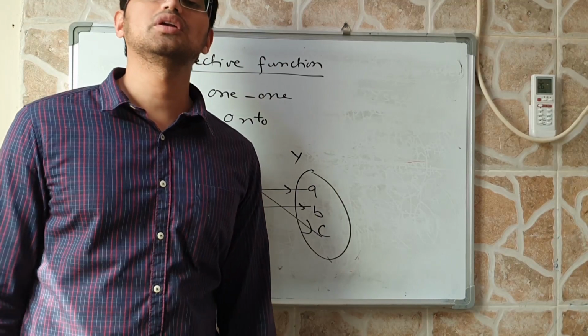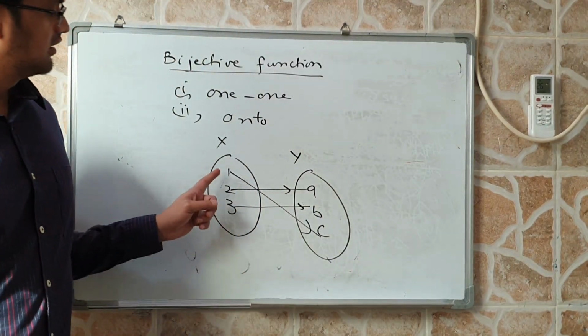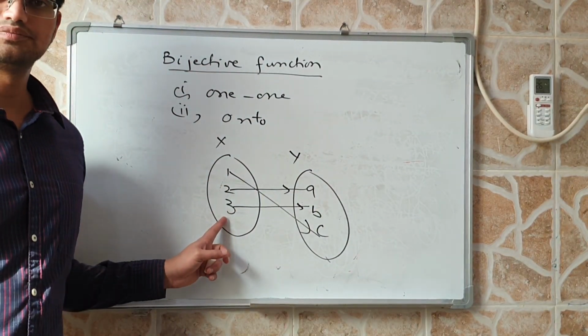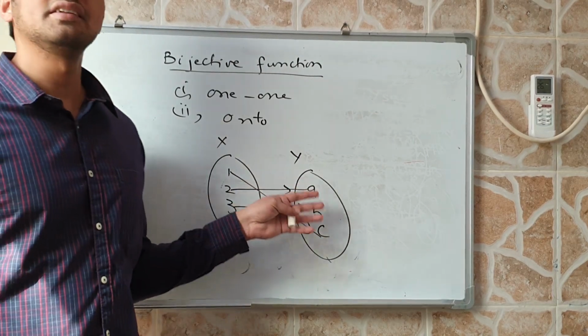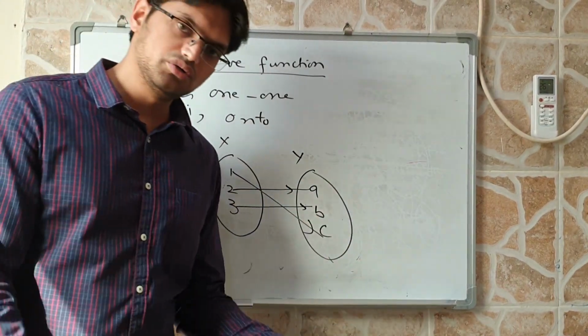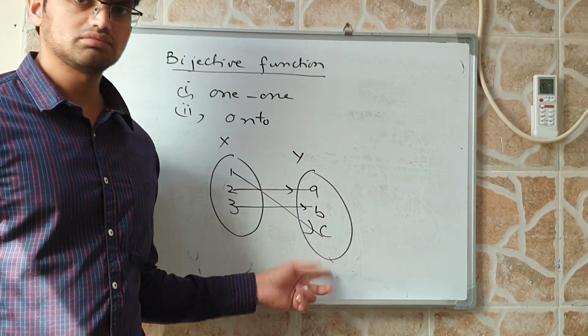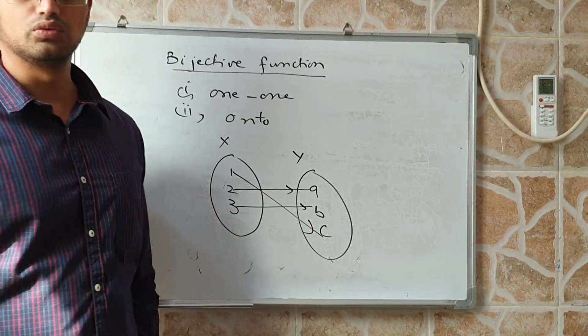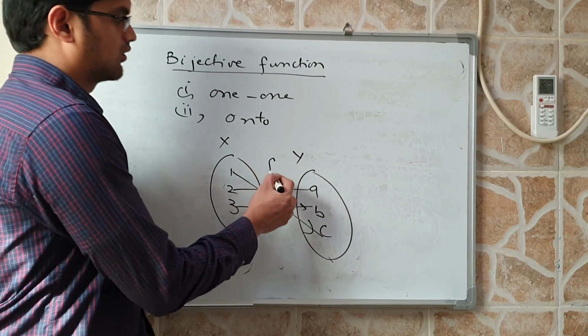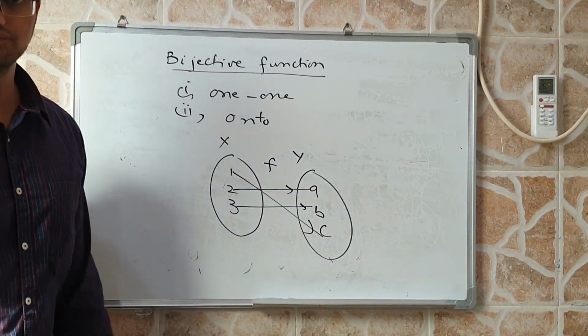Yes, it is 1-1. Because, see the distinct elements, everyone is having distinct images. Is it onto? Yes, it is onto. Why? Are you seeing anything left out? No. So it is onto. So this function, I'll call it as bijective function.